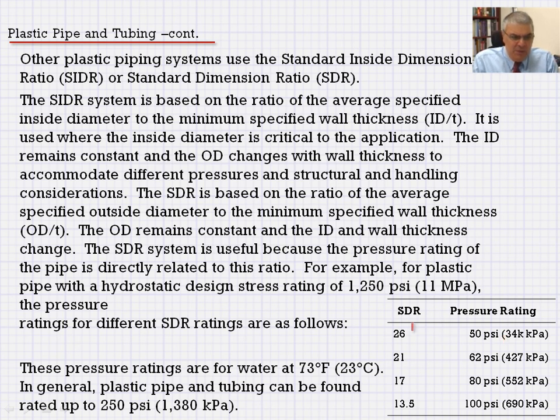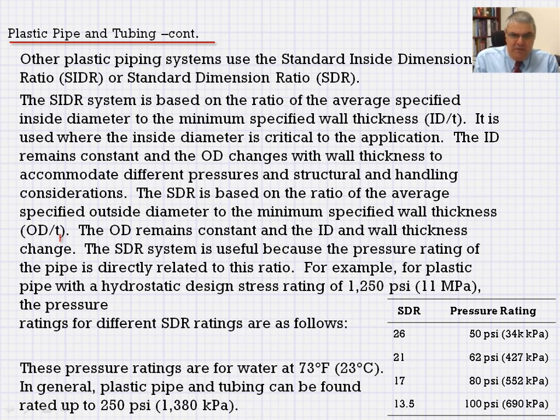As we are reducing the SDR, we are reducing the pressure rating. I'm sorry, it's the other way around. As we are reducing SDR, we are increasing the pressure rating, because when you look at the OD, outside diameter, by the thickness, as SDR becomes smaller, that means the thickness is higher.